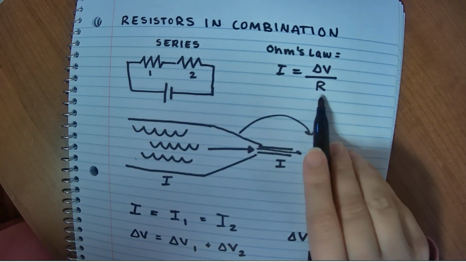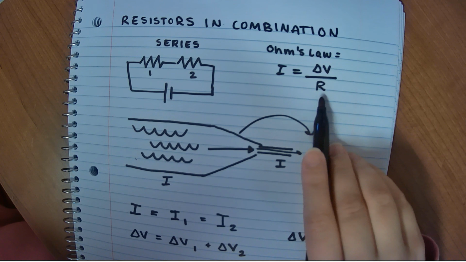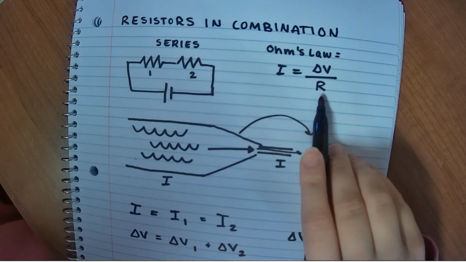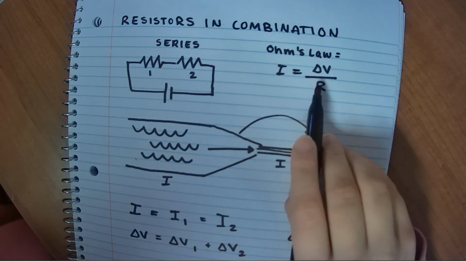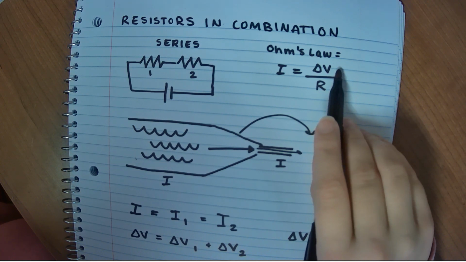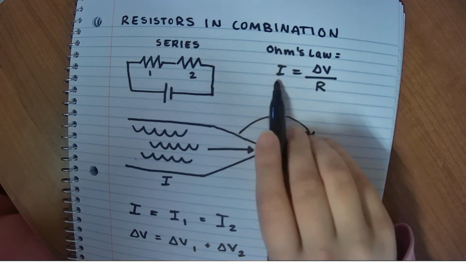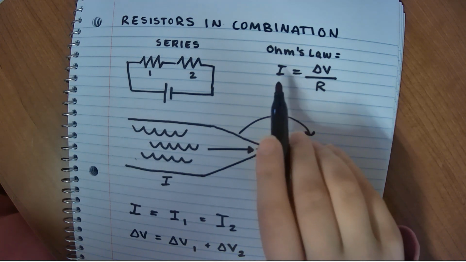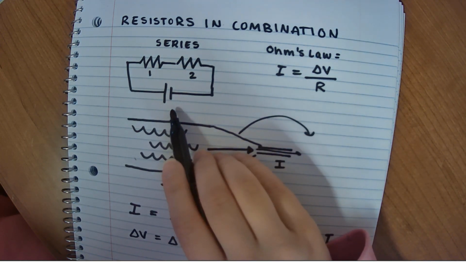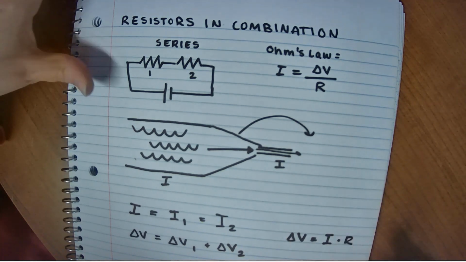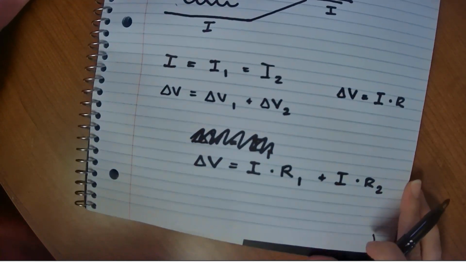If resistance was the same over all of the resistors in series, then when the potential difference is divided by resistance, we would get a different value for the current, but the current is always going to be constant across a series.